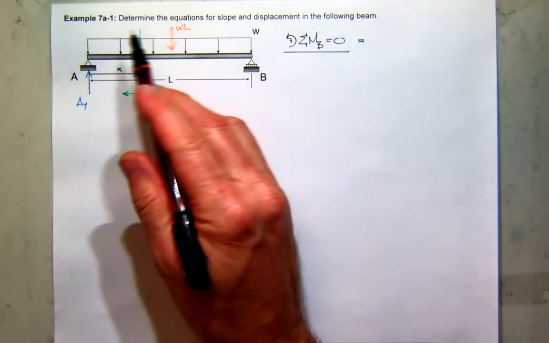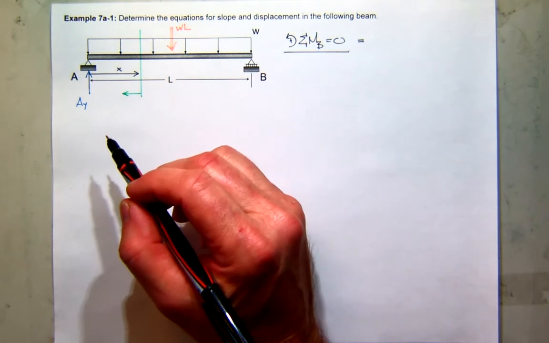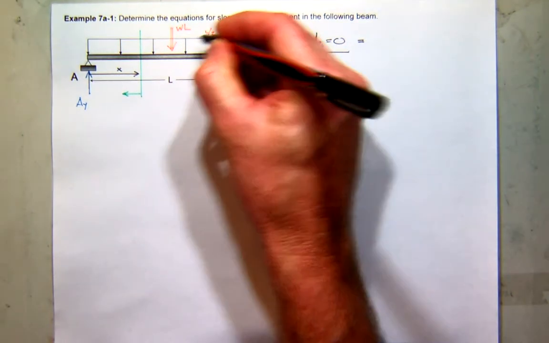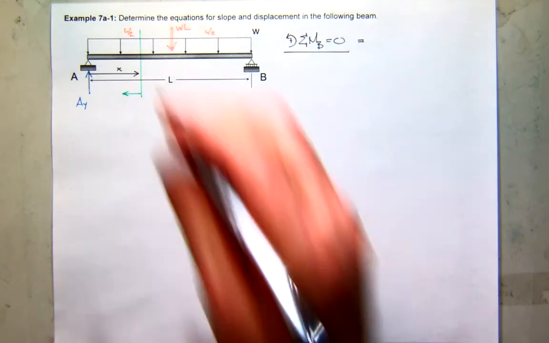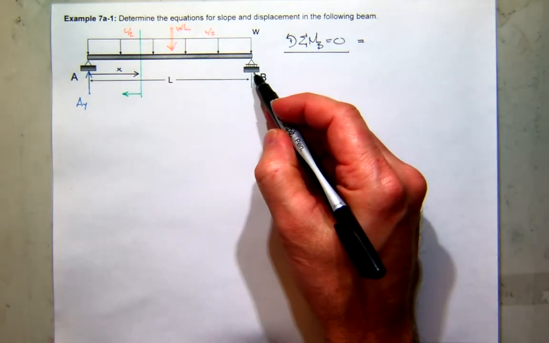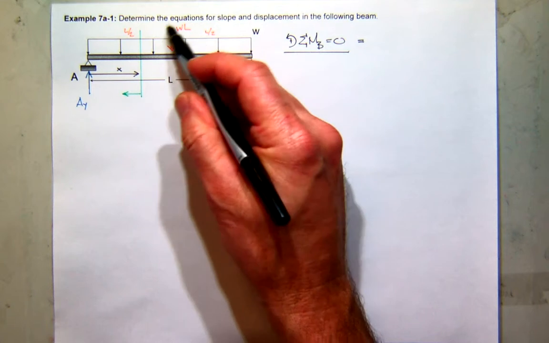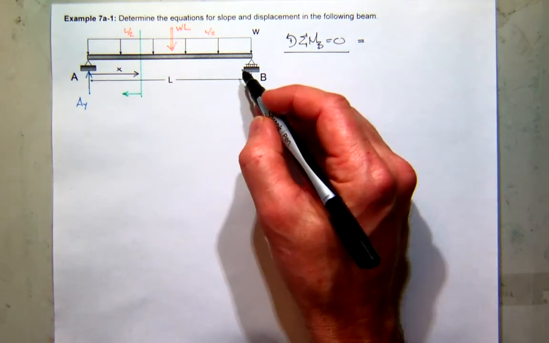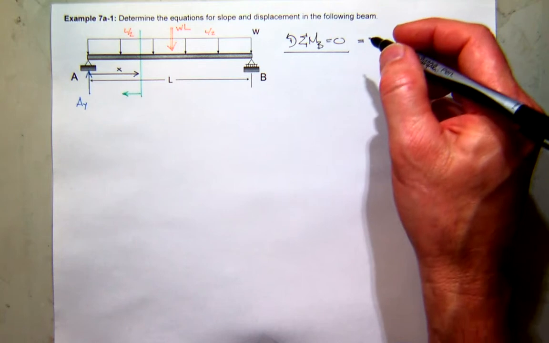And where's the centroid of a rectangle? Right in the middle. So that would split our L in two, so we'd have a distance of L over 2 on either side. So summing moments about B, you can see our concentrated equivalent force creates what kind of moment about B? Positive or negative with right-hand rule? Positive, right?